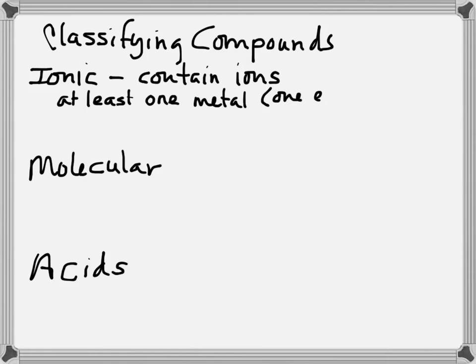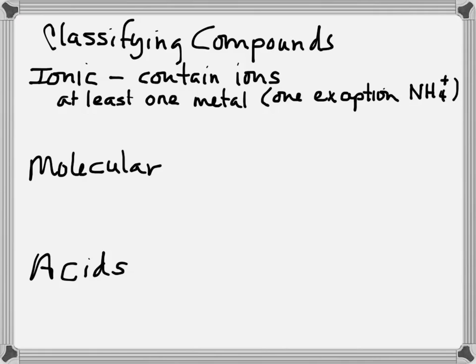There is one exception. Of course, there has to be exceptions, right? And NH4. But like 99% of the time, just looking for a metal will give you the clue.